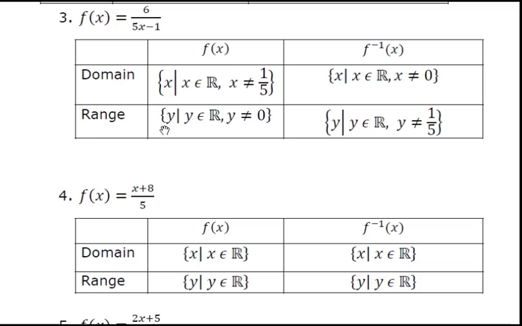For the range, we have the set of all y's such that y is a real number and y should not be equal to 0. Why do we have y not equal to 0? Well, y equals 0, the x-axis, is the horizontal asymptote. Going back here, the degree of the numerator, n, is 0 because we have a constant numerator.